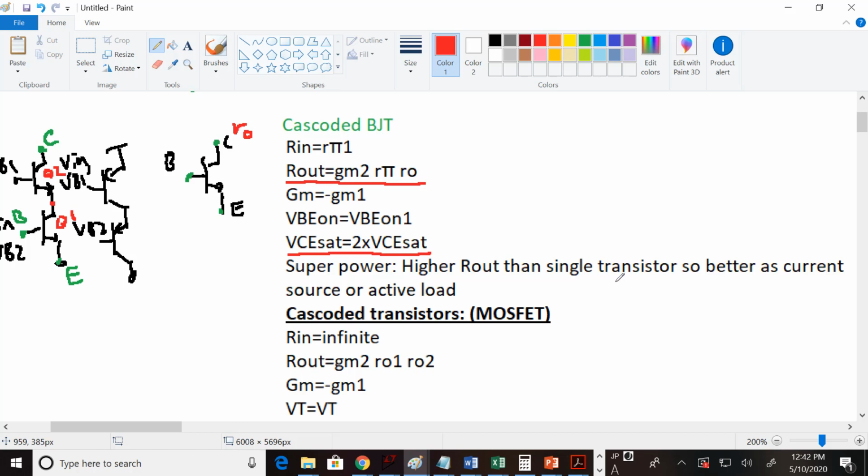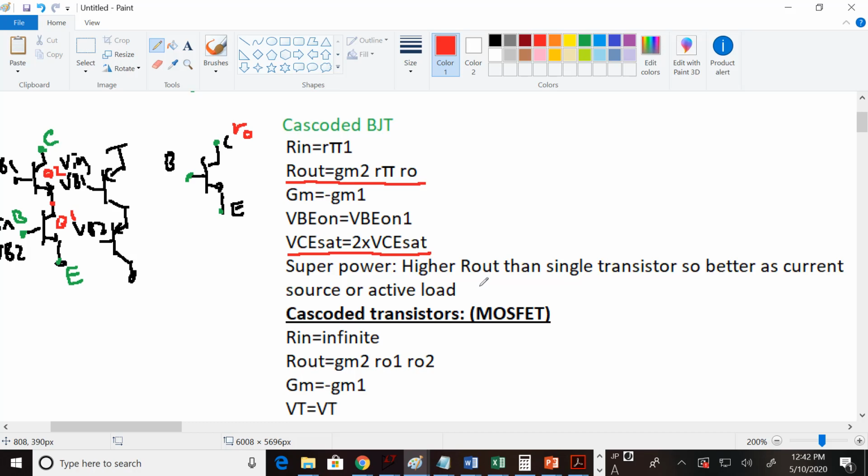And also, if you remember with a common emitter, as you increased the resistor value, the passive load, your gain increased. So you'd like to increase that perceived resistance of the resistor up top if you're doing an NPN-based common emitter. That resistor up top, you'd like to make that look really big.